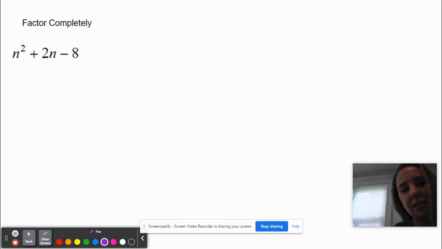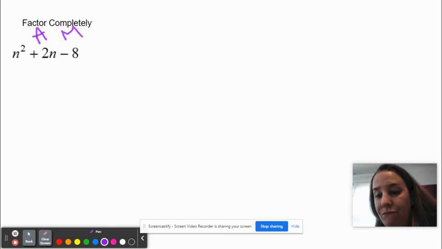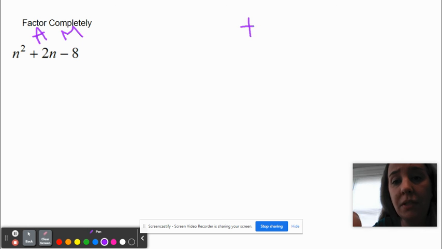All right, so here's where it gets even more bleh, right? We need two numbers adding to positive 2, multiplying to negative 8. How do you multiply two numbers and produce a negative? One has to be positive, one has to be negative.